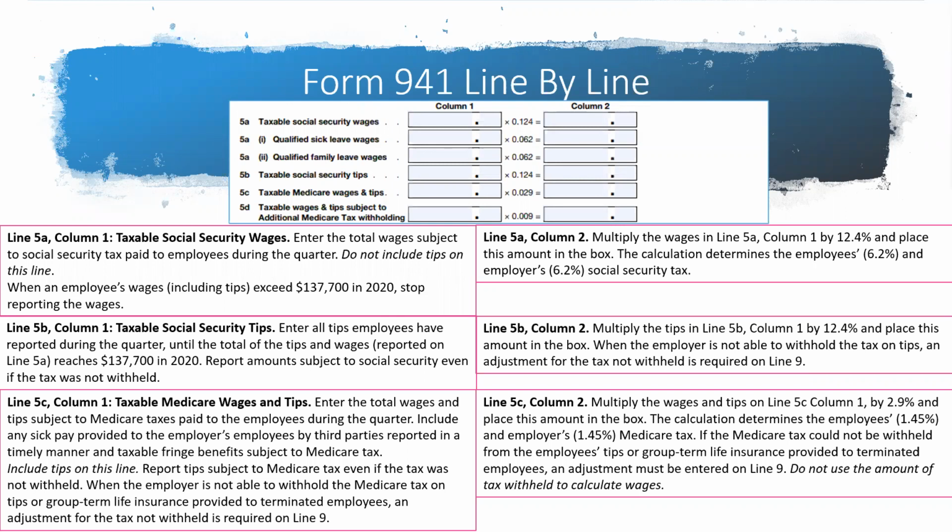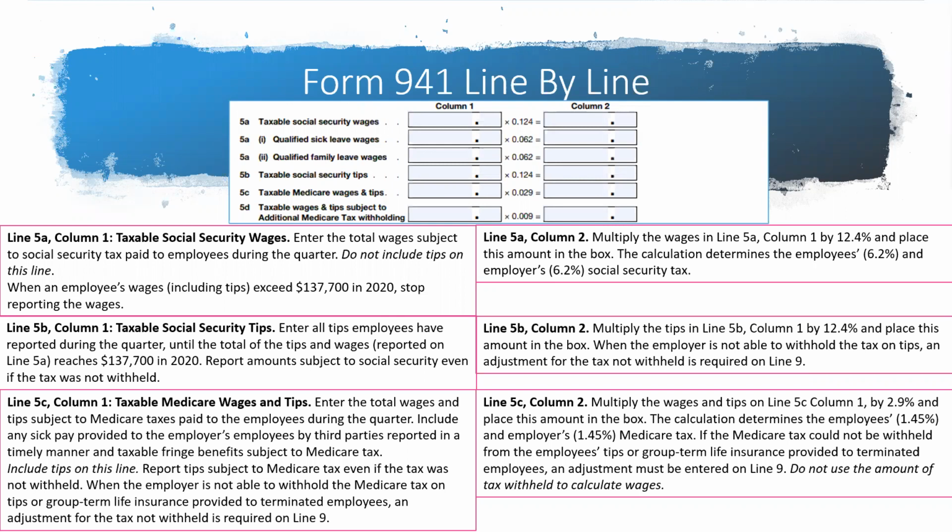So then column 2, you're just going to do all of your calculations. Once you have your taxable wages in your column 1 for each of these lines, you're going to multiply by what they tell you to multiply by to get your tax for column 2. I will point out that line 5A is being multiplied by 0.124, which is the combination of the employee as well as the employer share of Social Security.